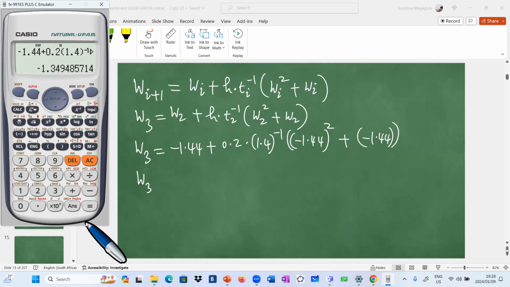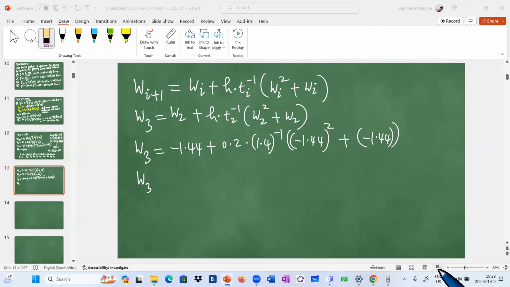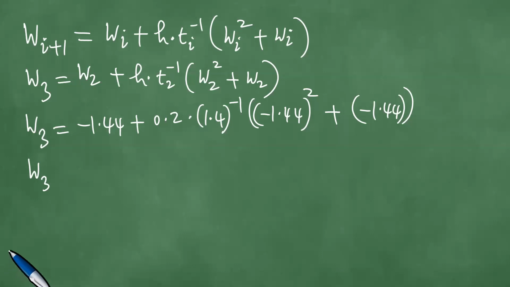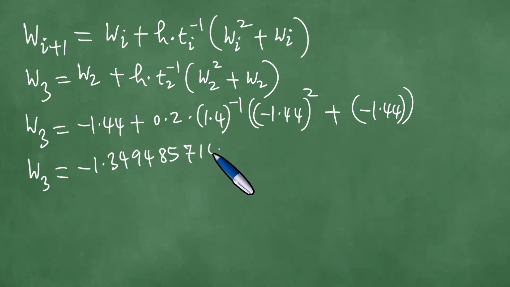Minus 1.349487714. Right. Just write this one. So now this one here is the same as minus 1.349487714.